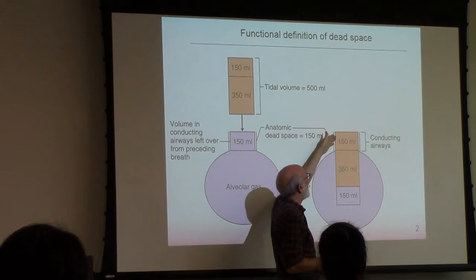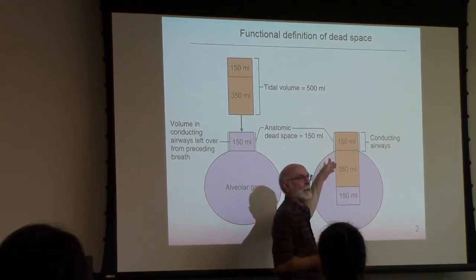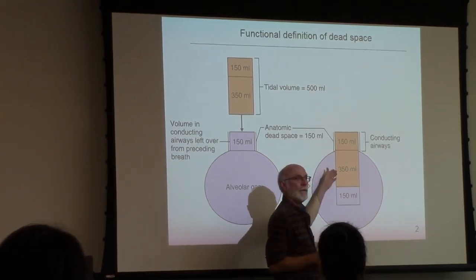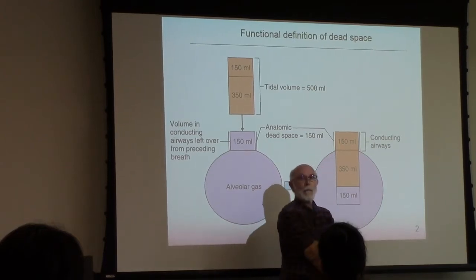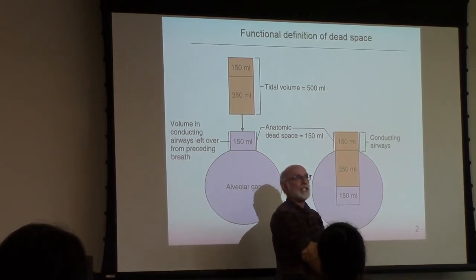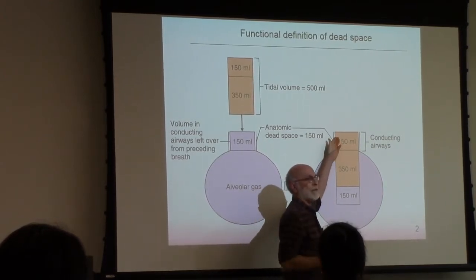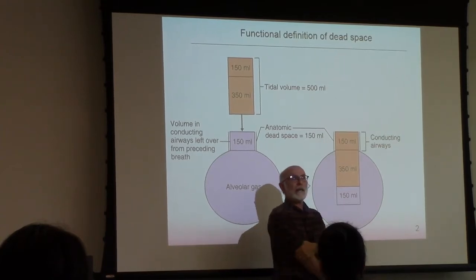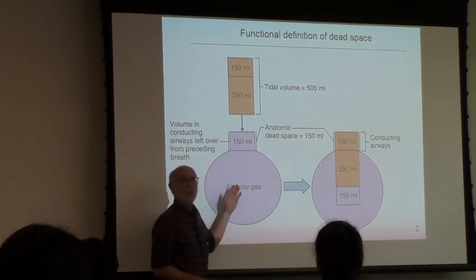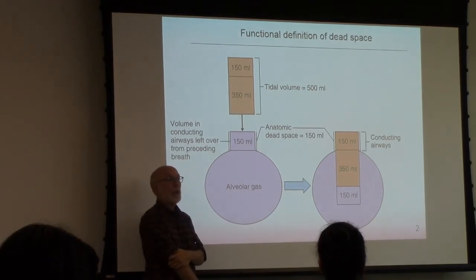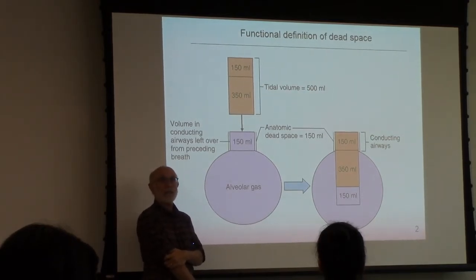You may have breathed in 500 mils of air, but only 350 mils of it was in contact with blood, where gas exchange could happen, and 150 mils or so was stuck in the conducting airway and didn't exchange with the blood, didn't do gas exchange.